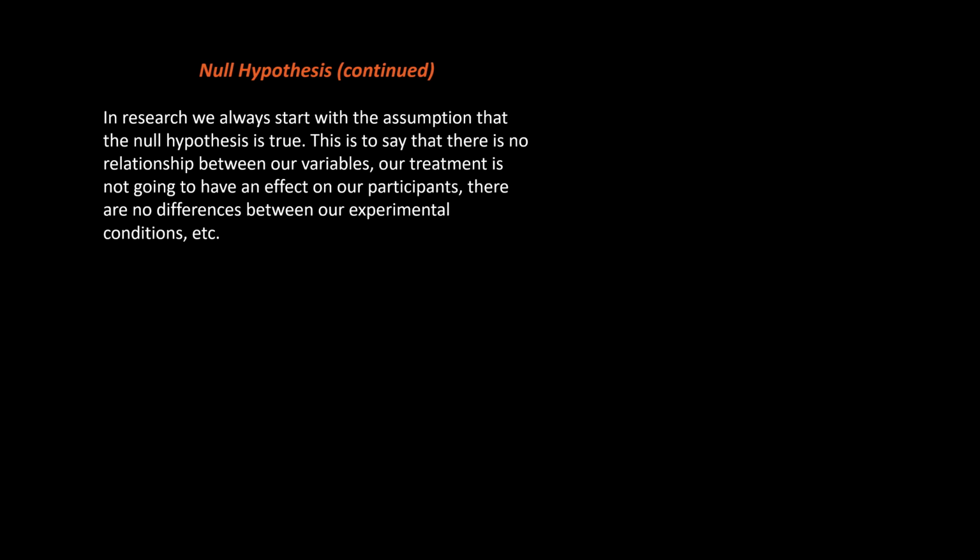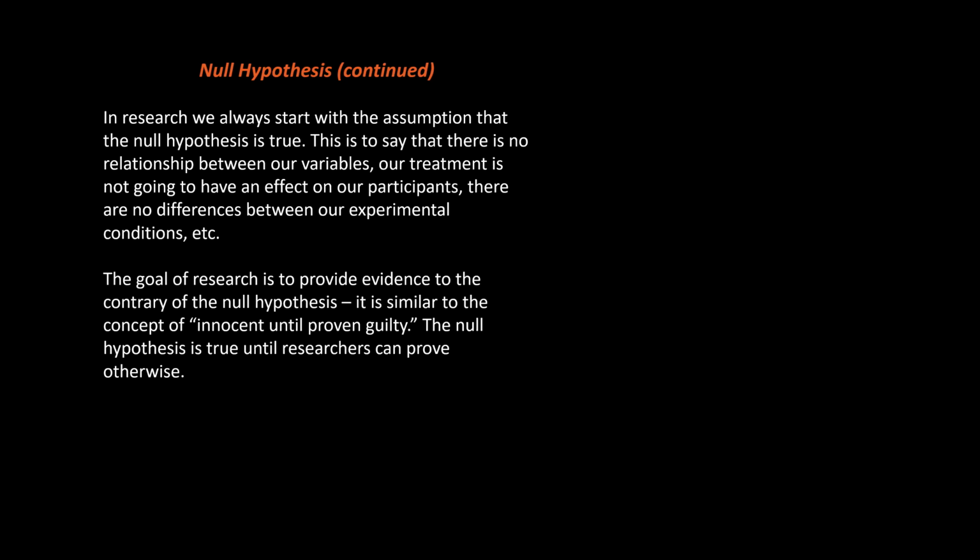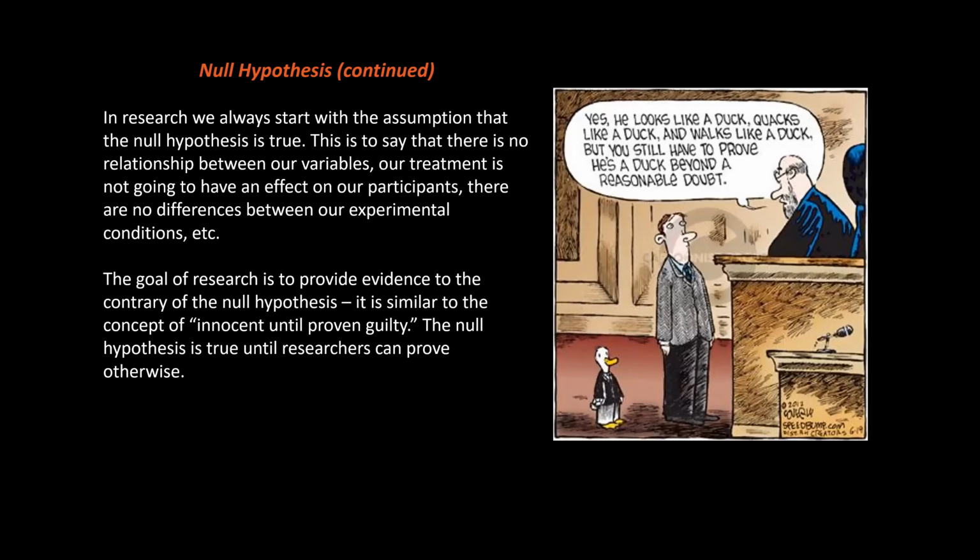There are no differences between our experimental conditions, etc. We always start from the idea that we're not going to find anything. And the responsibility of the researcher is to provide evidence contrary to that. So it's similar to the concept of innocent until proven guilty that our criminal justice system is designed to support. So the null hypothesis is true until the researchers can prove it otherwise.